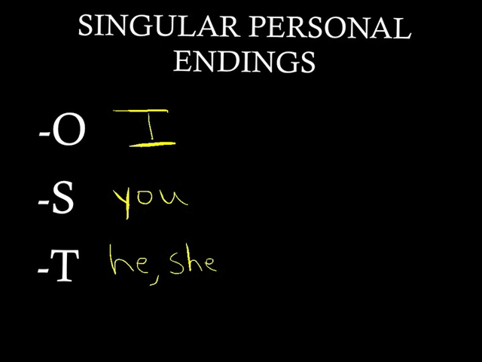So in Latin, in the present tense, singular, the personal endings are O, which tells you the subject is I, S, which tells you the subject is you, and then T, which is the verb we've been seeing all along, tells you the subject is he, she, or it. Now again, there may be an ego at the beginning of the sentence that means I, but not necessarily. You don't need it.